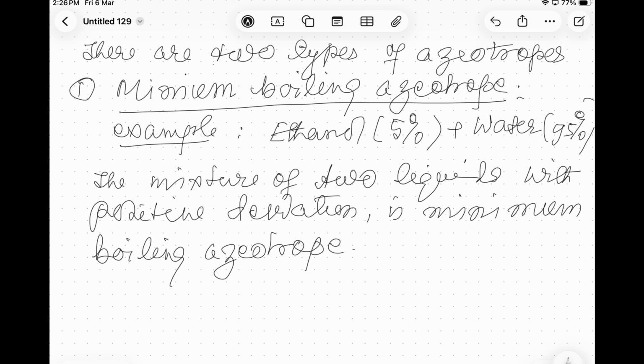The mixture boils at a temperature lower than the pure components.